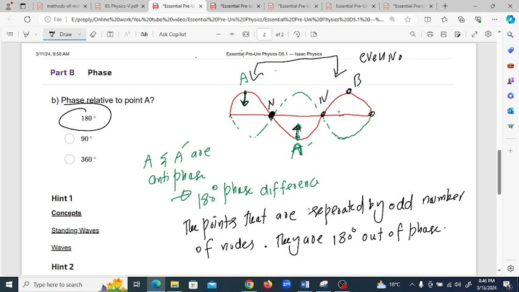We can see there are two nodes between A and B, so it is an even number, and they have no phase difference. But in our case, A and A dash are separated by one node, meaning an odd number of nodes, and it means they are 180 out of phase. So always remember this formula. Okay, thank you.